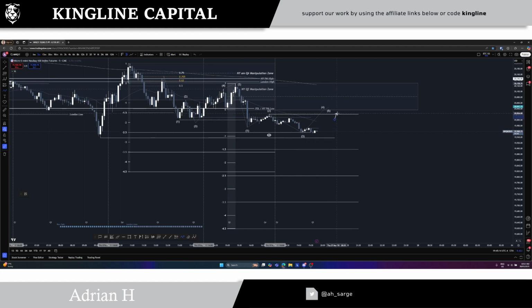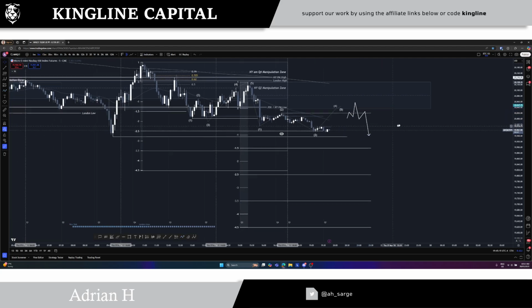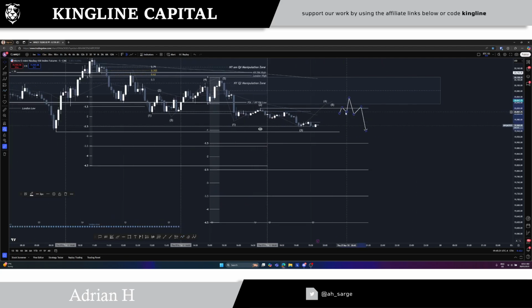So yeah, something like this would be ideal for continuation. And then we would just wait for another break here, and then we enter on the retest of that zone.